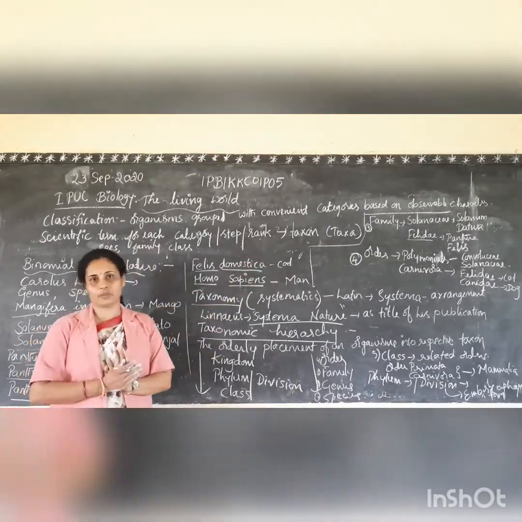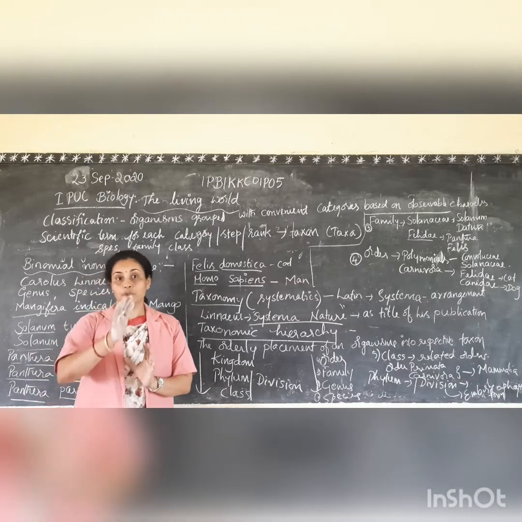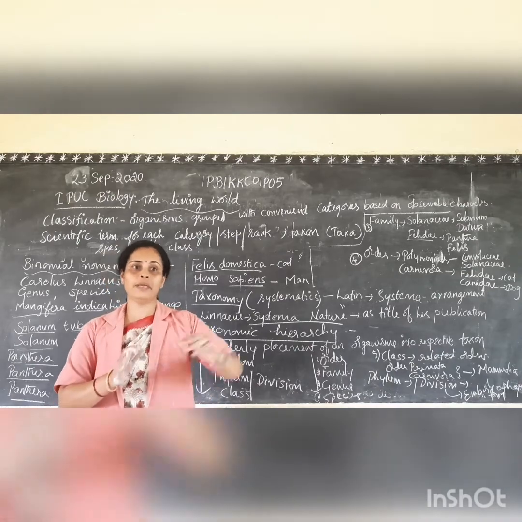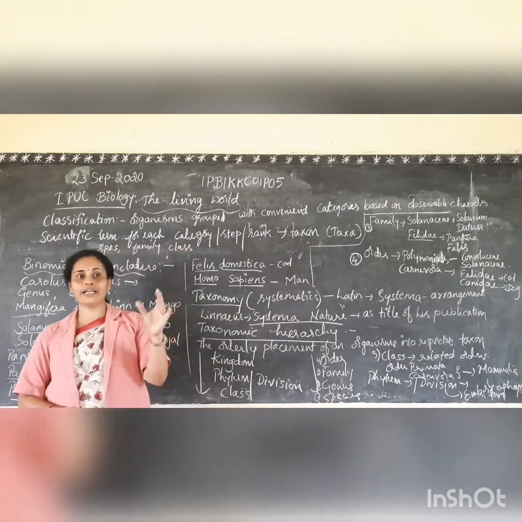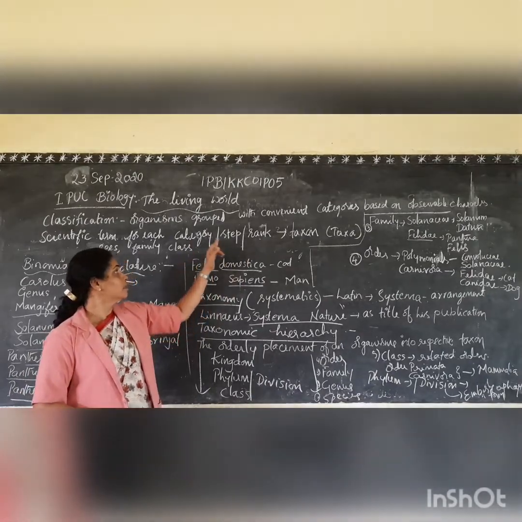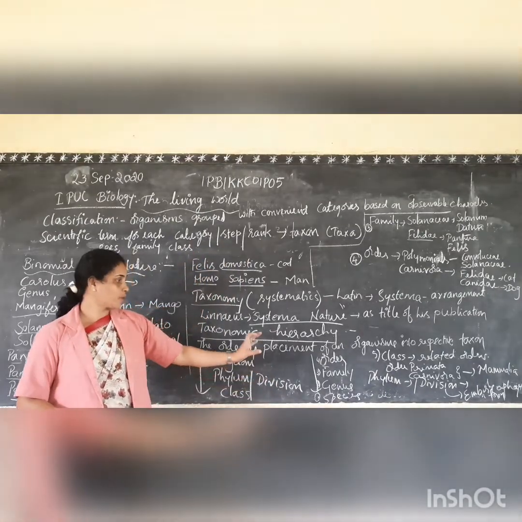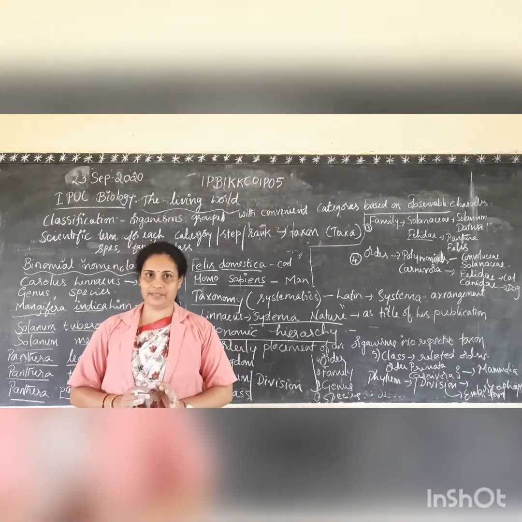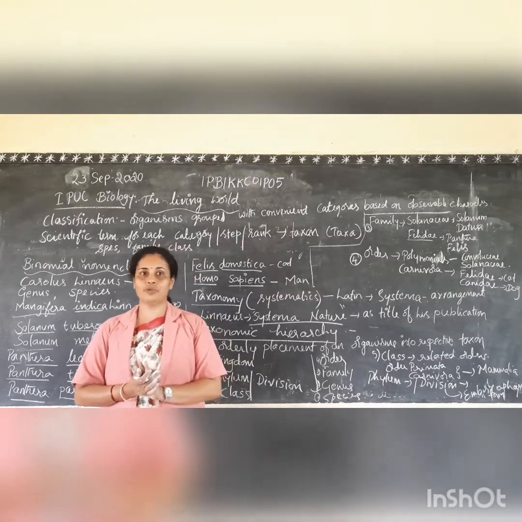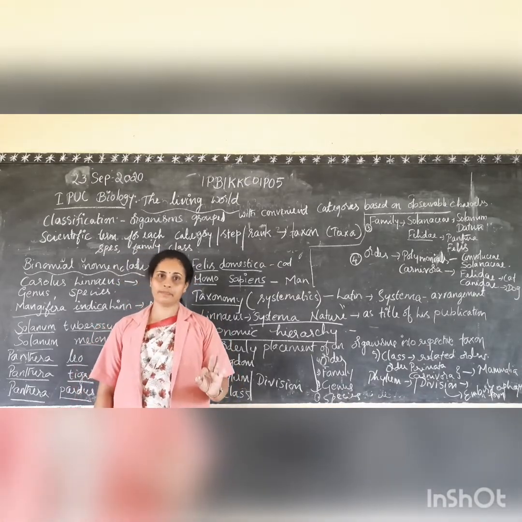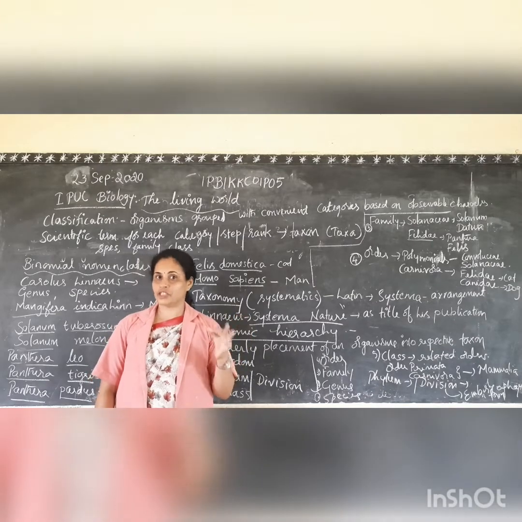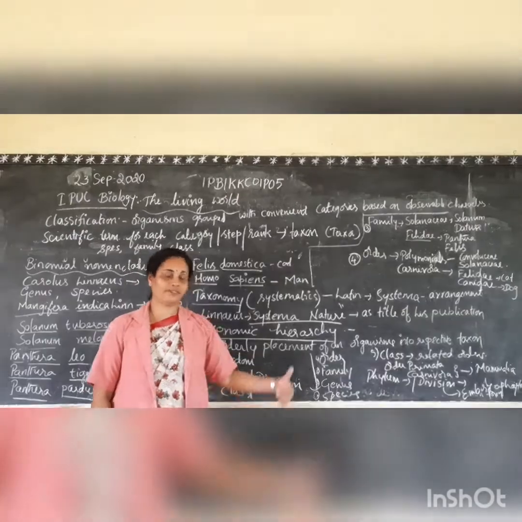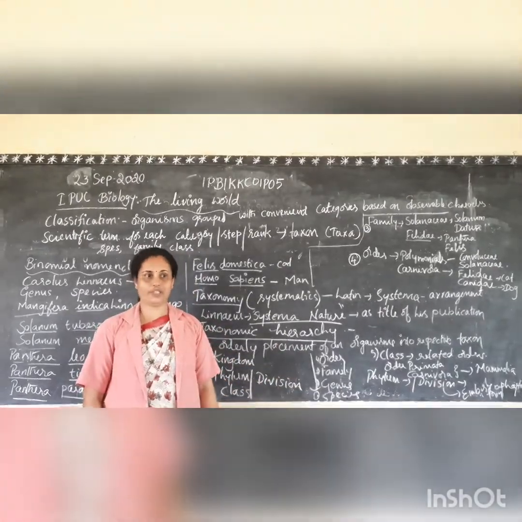Only one kind of organism you can make out. For example, you can identify all human beings and differentiate a human being from a cat. So only one kind of organism comes under a species. A group of individual organisms with similar morphological characters which can interbreed and produce fertile offspring is called a species, the basic or fundamental unit and smallest taxon in classification.